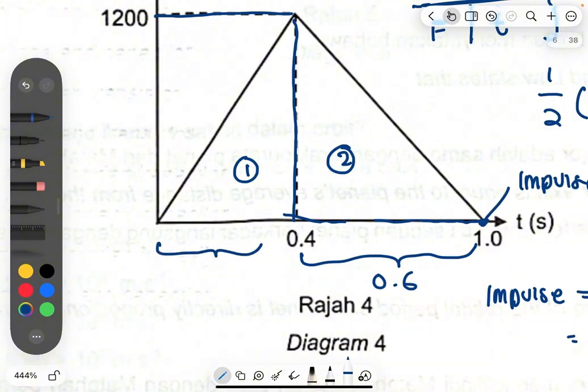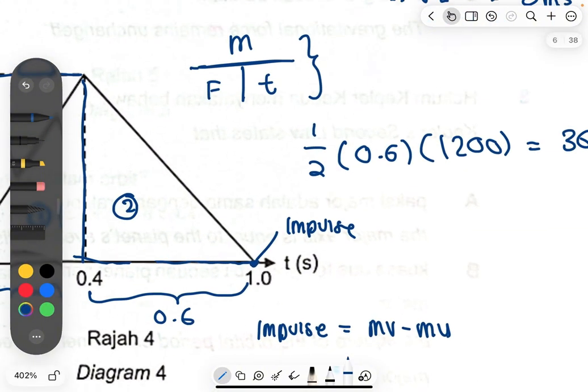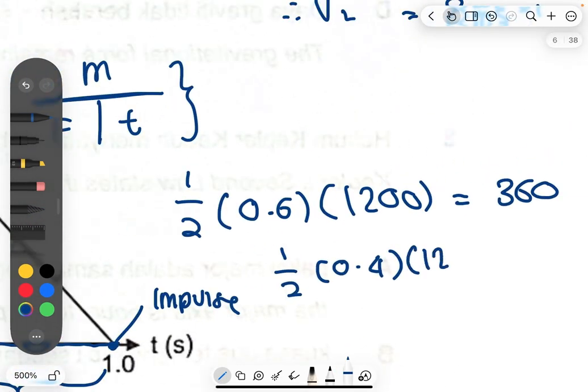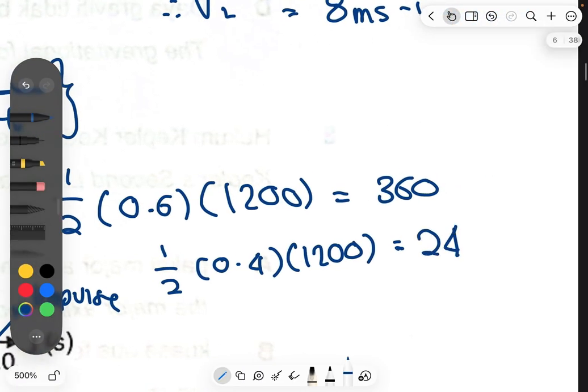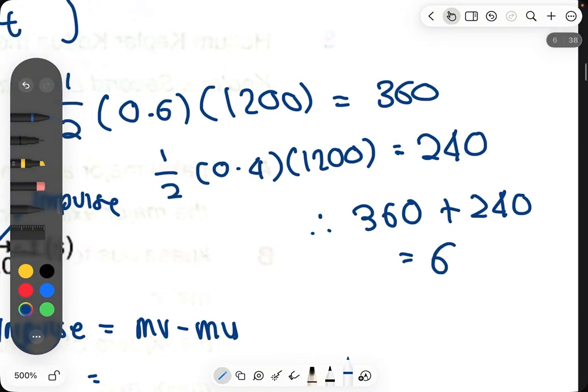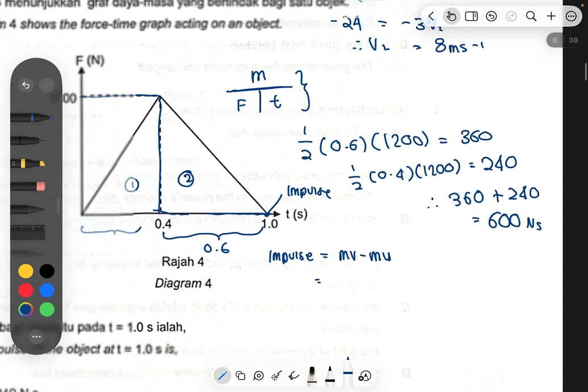This one is equal to 240. So 360 plus 240 is equal to 600 Ns.